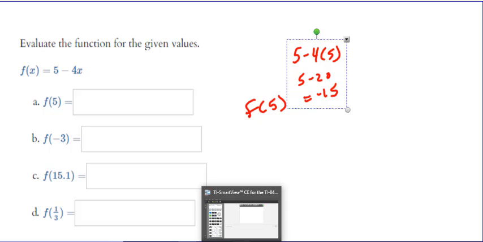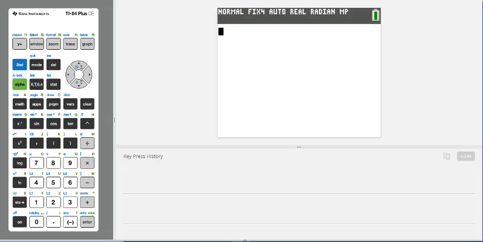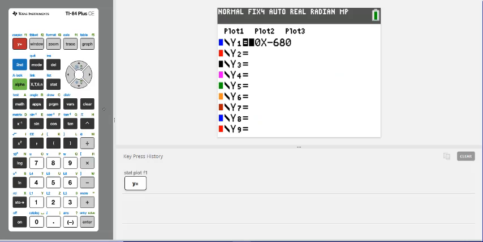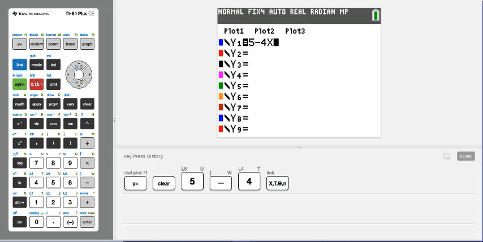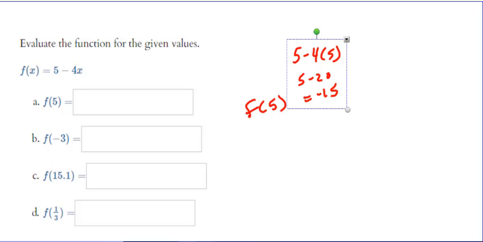So first things first, we're going to open up the equation editor. If you have anything in there, of course, hit clear. So 5 minus 4x, I think that's the equation, okay?